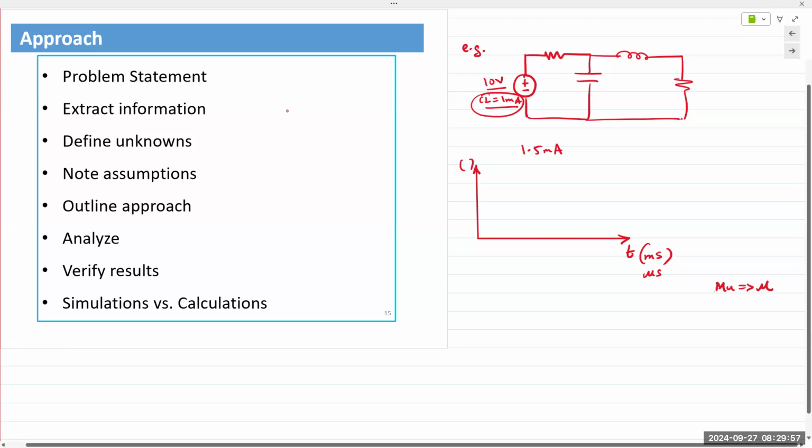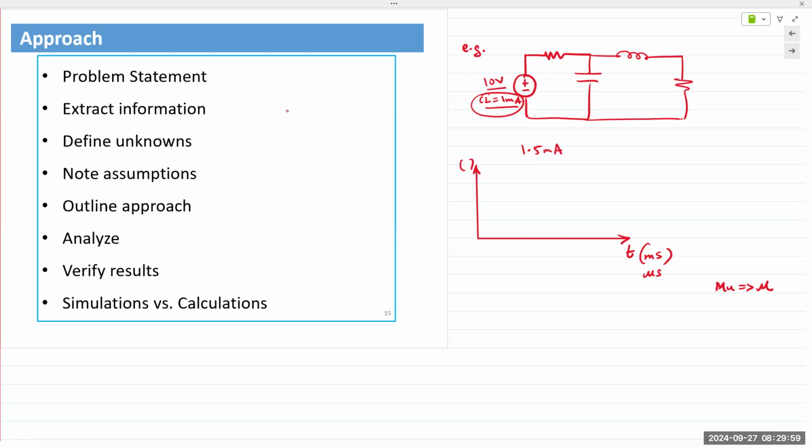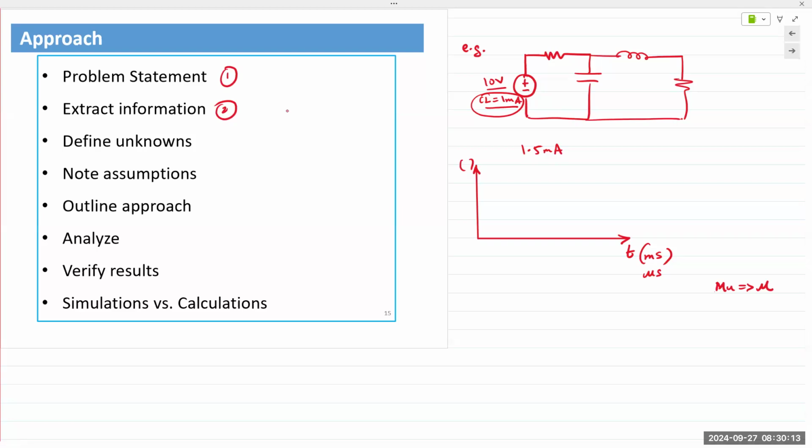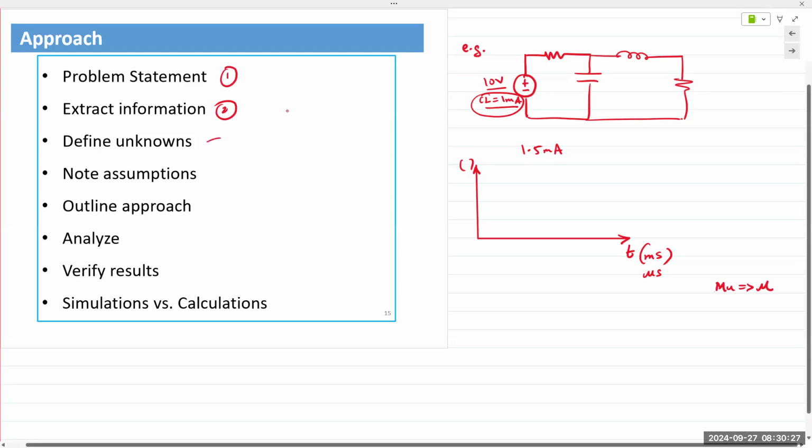So your approach as an engineer should always be first read and understand the problem statement. That's the absolute first. And extract as much information as you can from the given statement. Then you define your unknowns. What is it that you're trying to find? Voltage across the capacitor, current through the inductor, output voltage at the end of the circuit. So you define your unknowns, make any assumptions that you need.